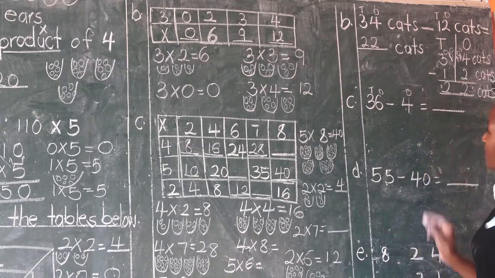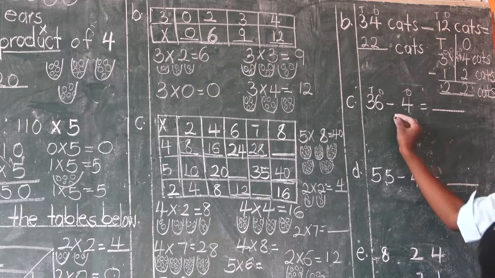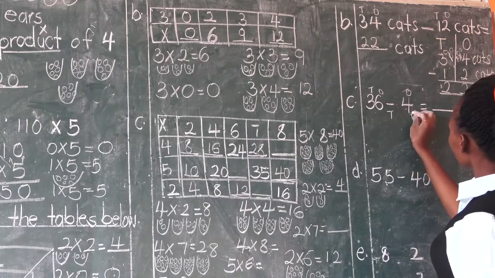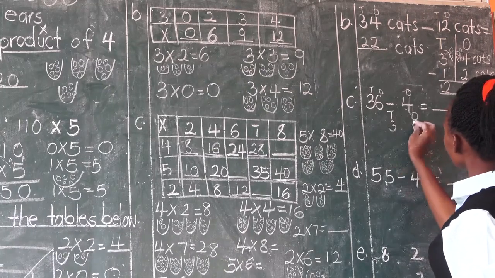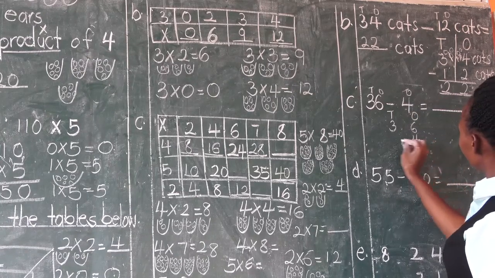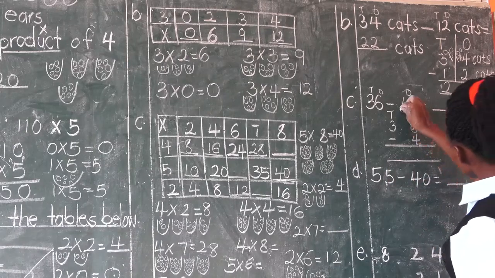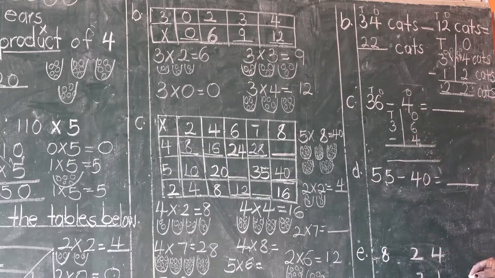After doing this, now we are going to rearrange these numbers according to the place values. Here you have 36, and we say this number 4 is under ones. We draw our line in the middle to separate the place values.